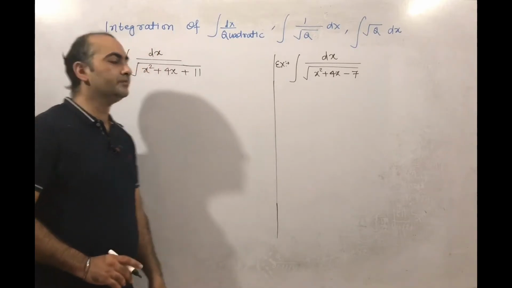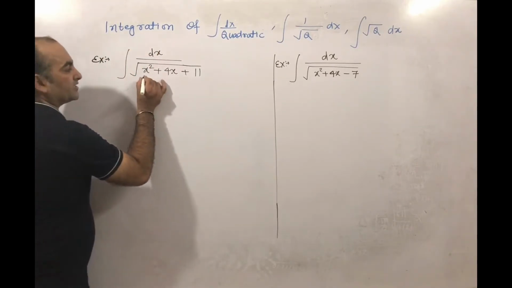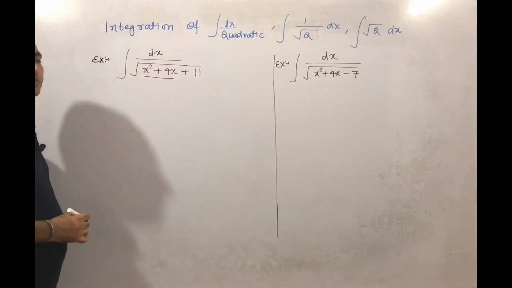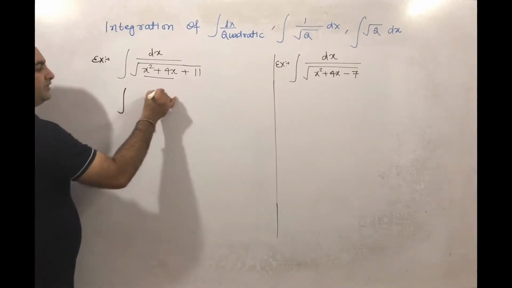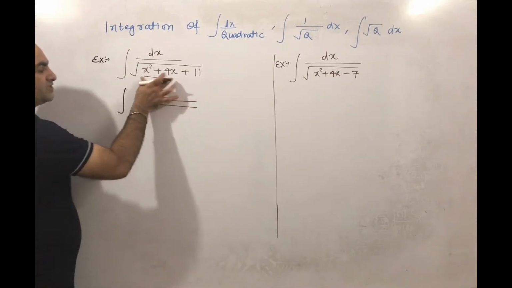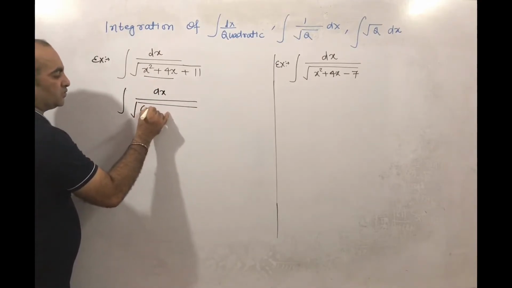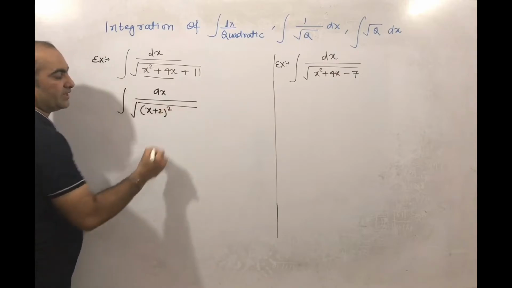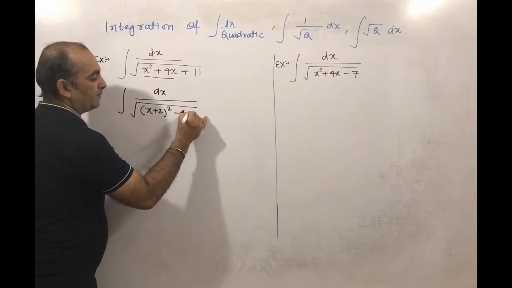Next step, we make x square plus 4x a perfect square. So integration of dx divided by root over, if you make this a perfect square, x plus 2 whole square minus 4 plus 11.